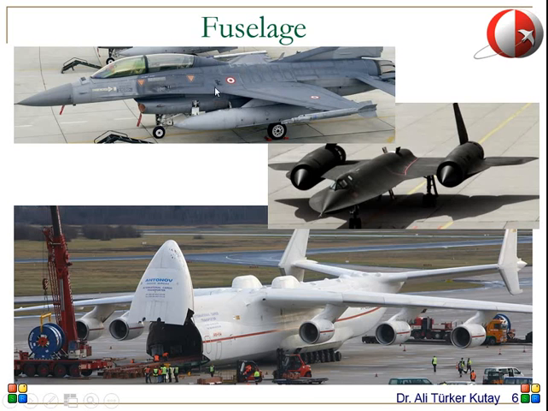So it has a different, varying cross section. For example, if you take a cross section here and another cross section here, they are very similar. So the shape of the cross section of the fuselage is very similar along this direction. It is not the case for this one. So at this point, it has a different cross section.